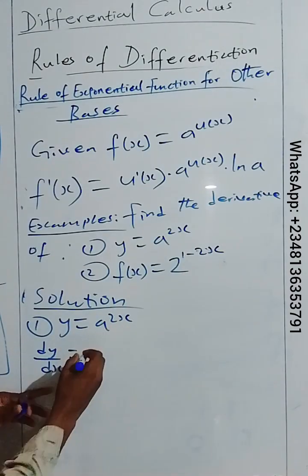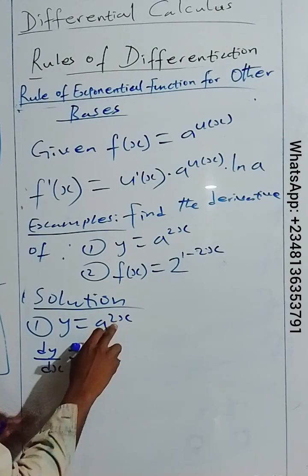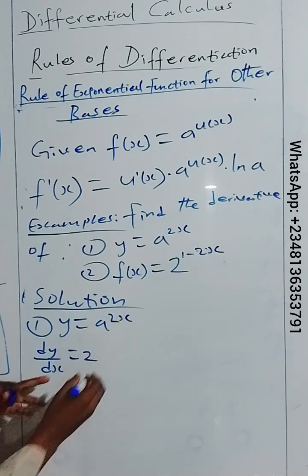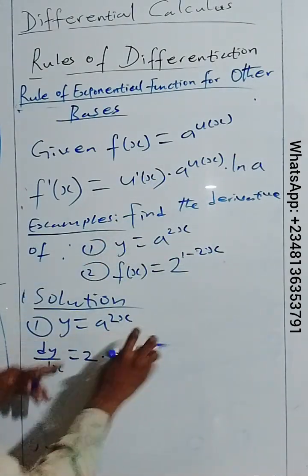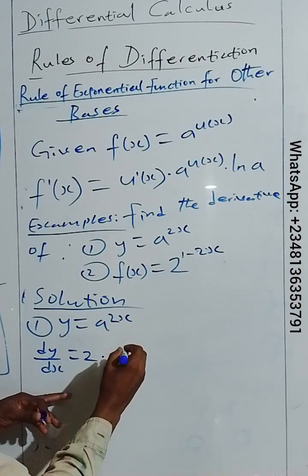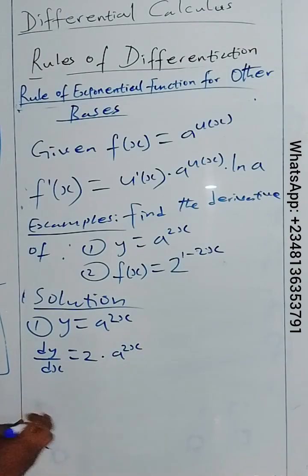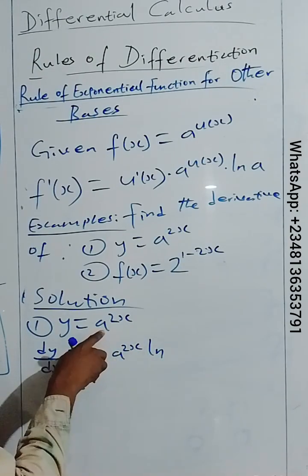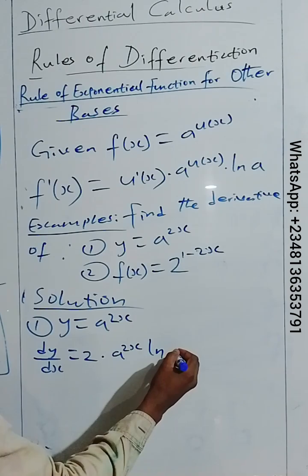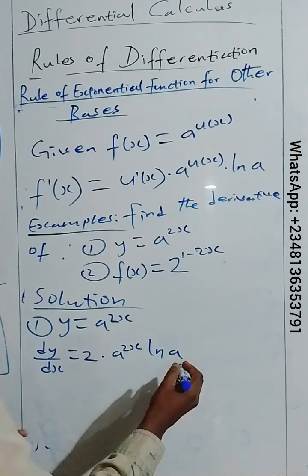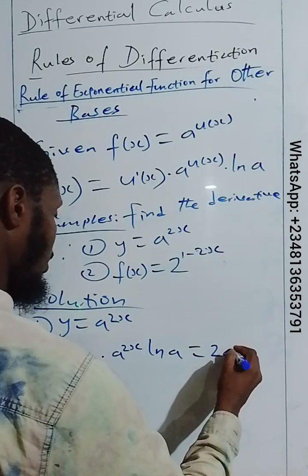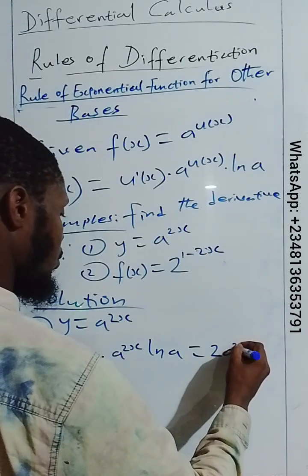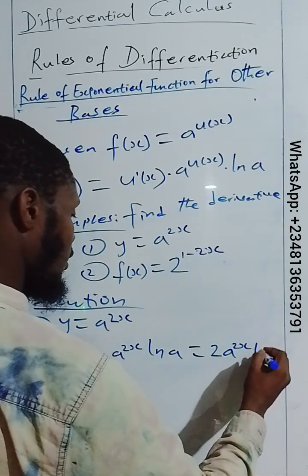Because this power is a linear function, the differentiation of 2x is equal to 2. Then we multiply by the original function, which is a raised to the power 2x. Then we have ln of the base, ln a. This is equivalent to 2 a raised to the power 2x ln a.